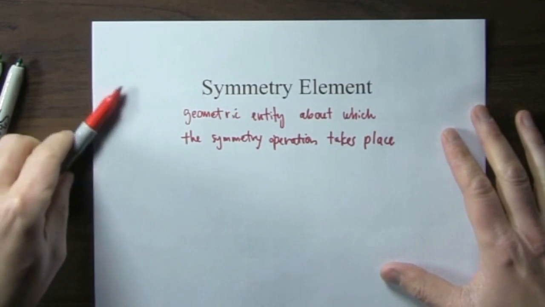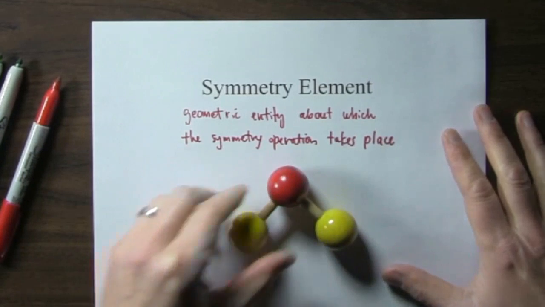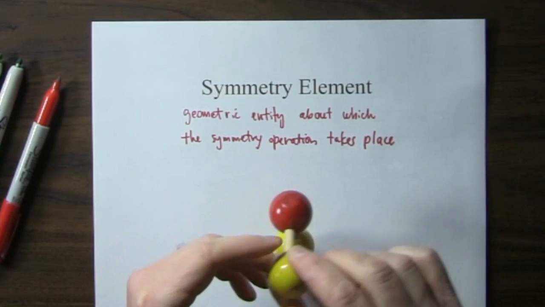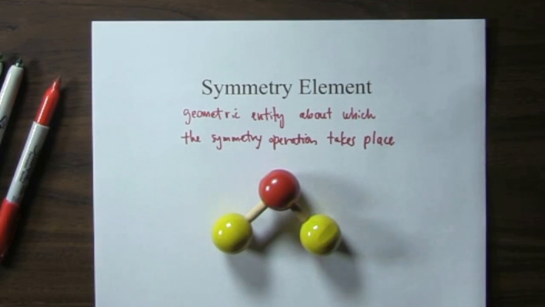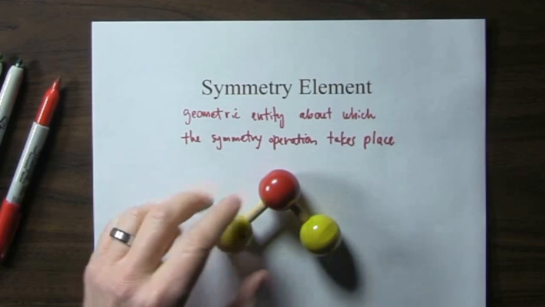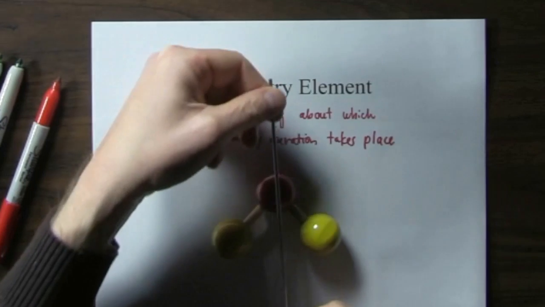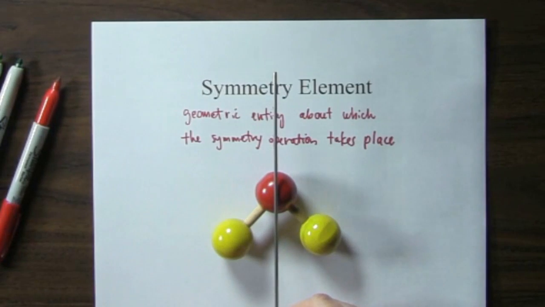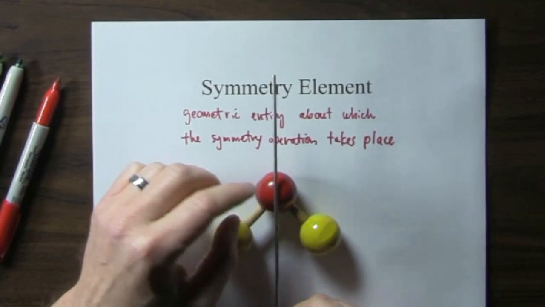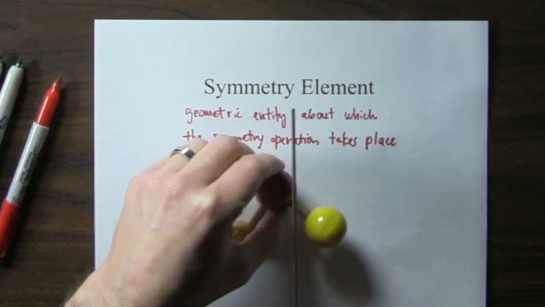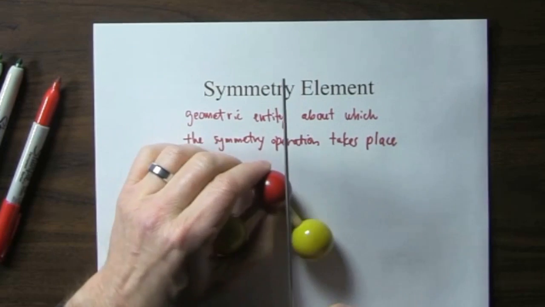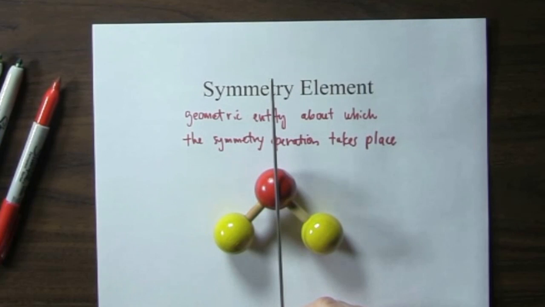So if we look again at our example of the water molecule, and it has this 180 degree rotation motion, the element about which this rotation takes place would be an axis. So an axis right here going through the center of the oxygen is where this 180 degree rotation takes place. So that would be a rotation axis.